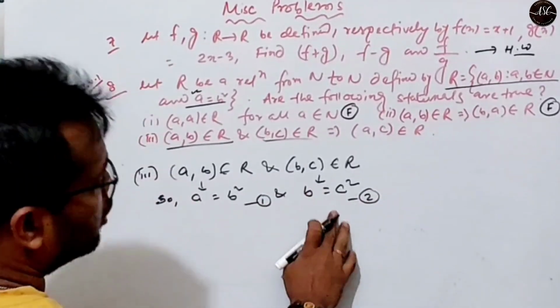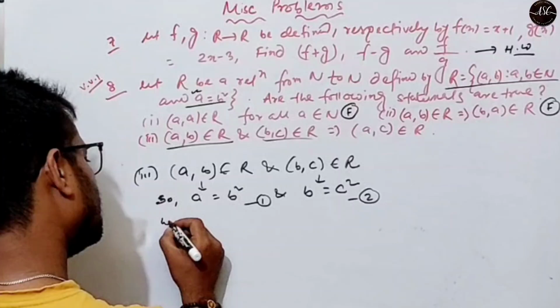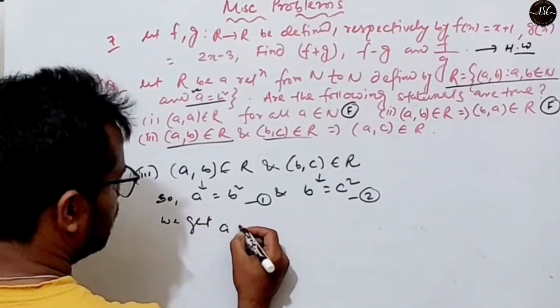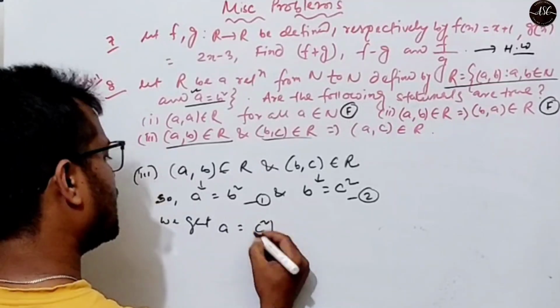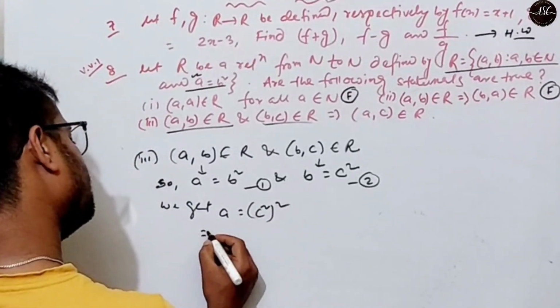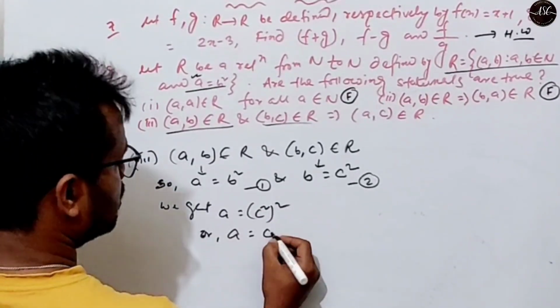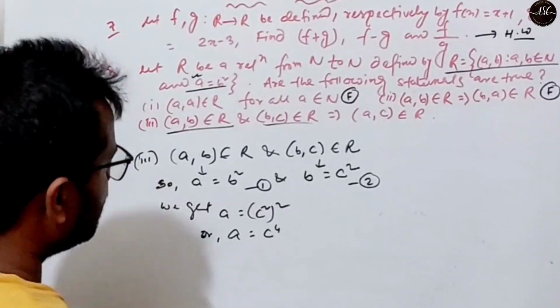Now putting the value of b in 1, we get a equal to (c square) whole square, that means a equal to c to the power 4.